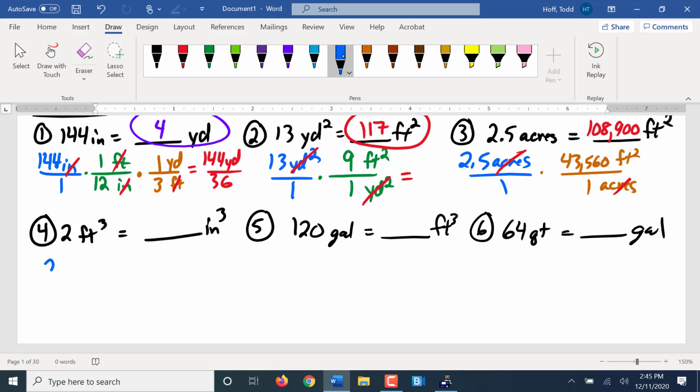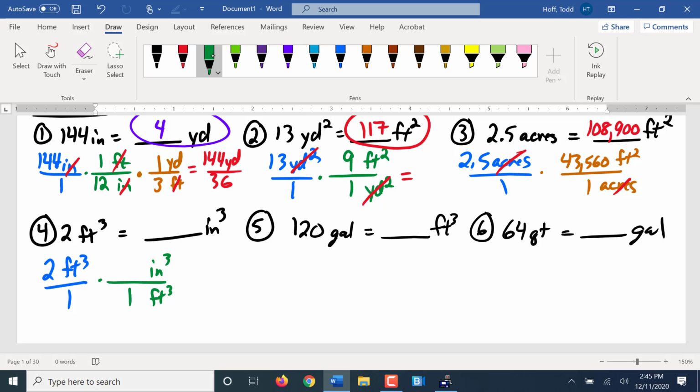Number 4, we have 2 cubic feet going into cubic inches. What's that relationship? 144 would be square feet and square inches. Somebody over there said it. 1728.